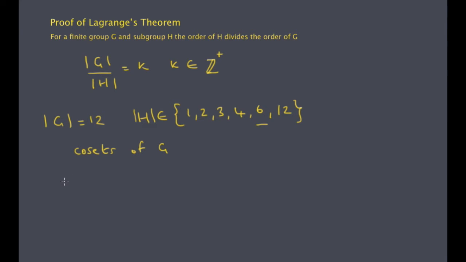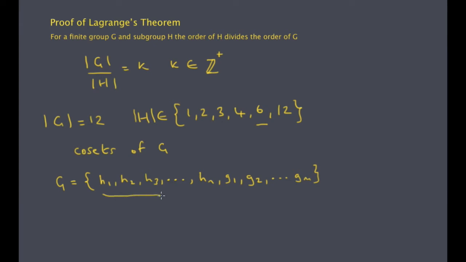So let's construct a coset. Here's the group G, and we'll describe G like this. We describe the elements of the subgroup H first, H1, H2, H3 to Hn, and the remaining elements of the group which aren't in the subgroup, G1, G2 all the way to Gm.